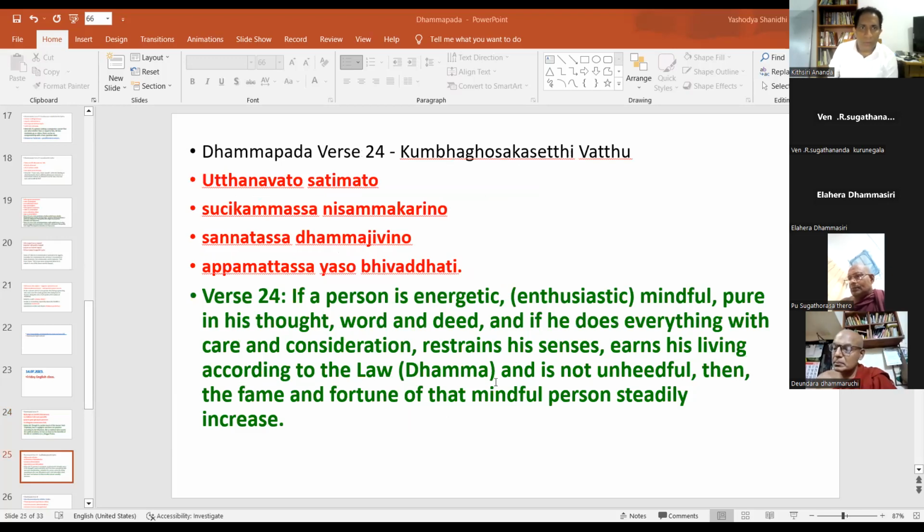Uttanawato satimato suchikammassa nisamma karino sanyatassacha dhamma jivino appamattassa yasobhi vaddati.